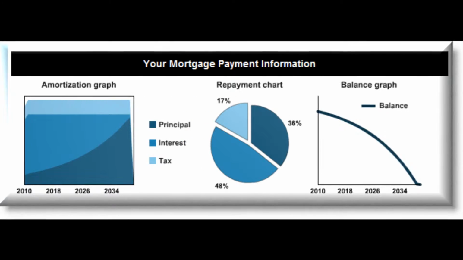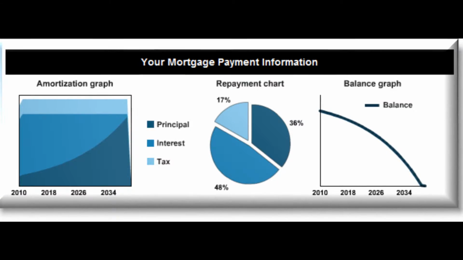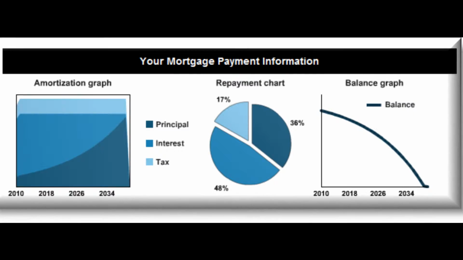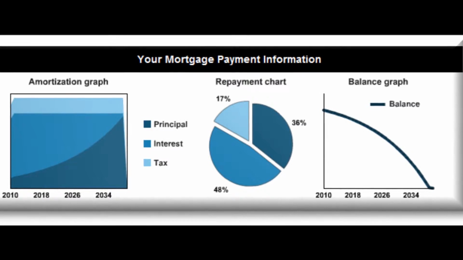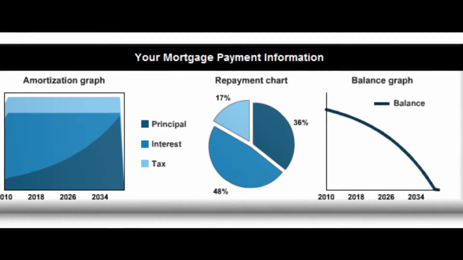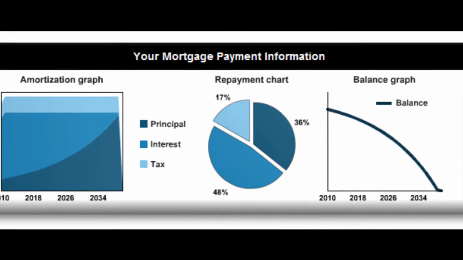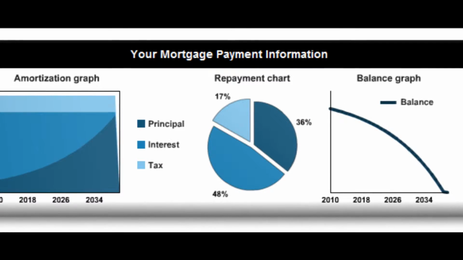After the calculations, we can see the charts. On the left, we find the interest versus principal amortization curve in the years. In the center, there is a pie-shaped graphic with the percentage of payments to principal, interest, and taxes that we will have to make over the years.